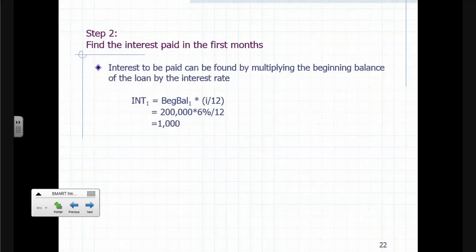Or you can use this, because the beginning balance of the first month will be the loan amount, multiplied by the monthly interest rate. Same thing. So you get the interest for the first month, multiplied by your marginal tax rate 28%, so the U.S. government allows you, because you pay interest of $1,000, 28% of your interest is your tax saving.